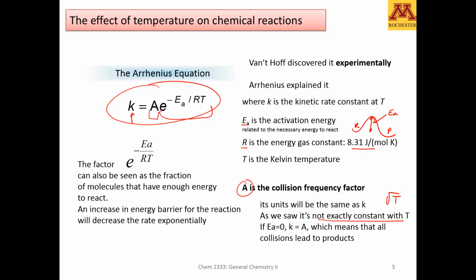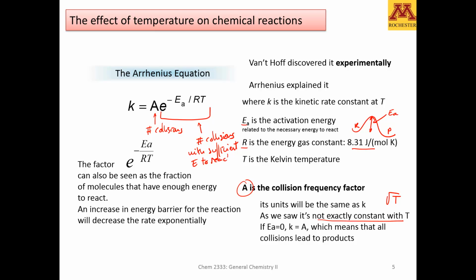So how can we interpret the Arrhenius equation? Let me just go one by one. If we say that A can be considered the number of collisions, this factor here is considered as the number of collisions with sufficient energy to reach products.